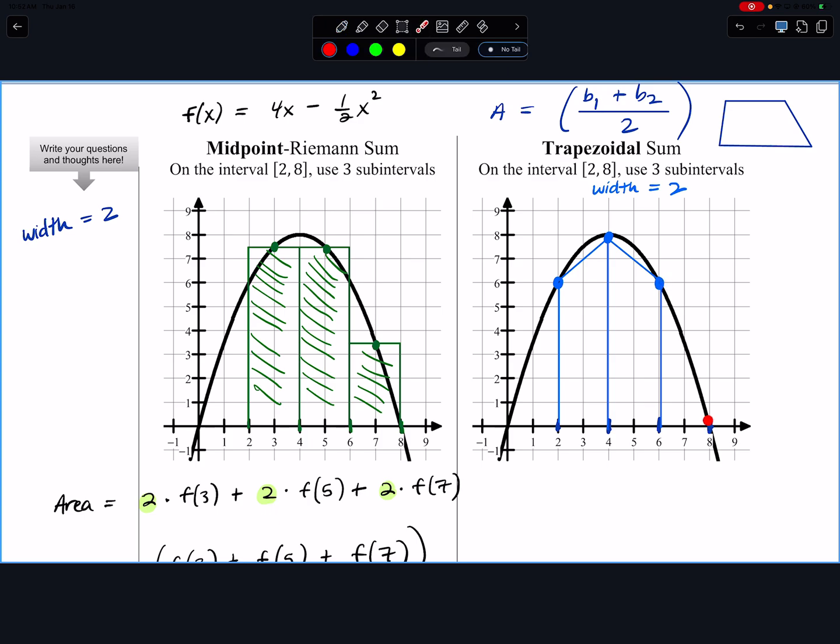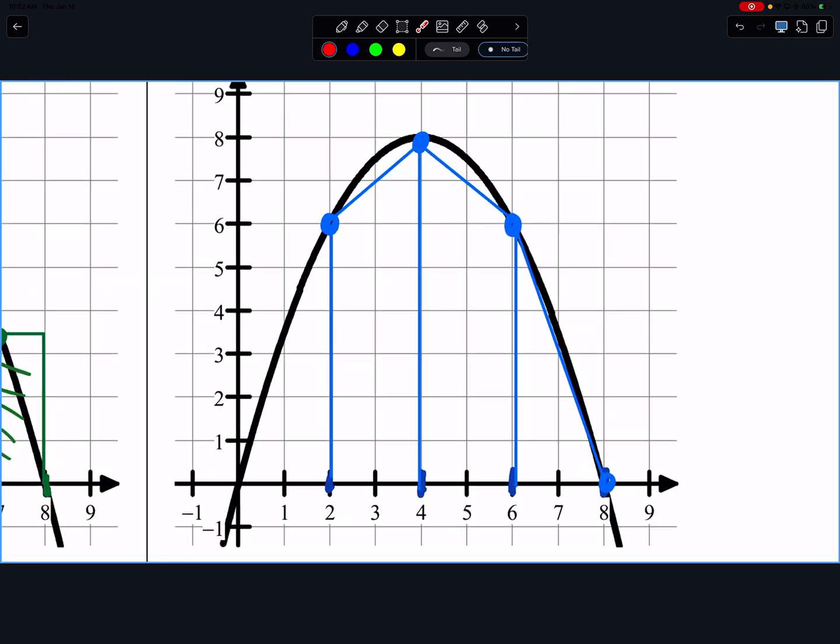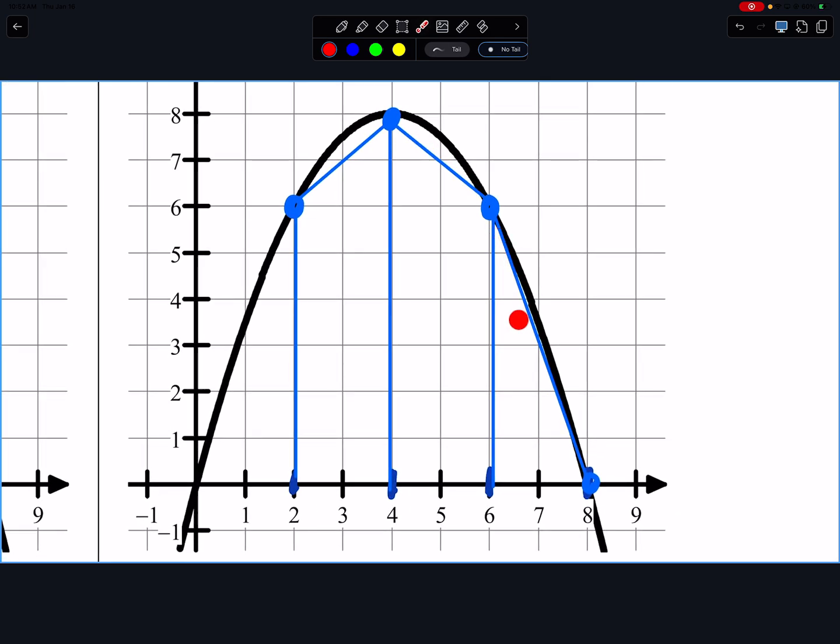Draw a point right here, and draw a line straight down. So, check it out, guys. That gives us a pretty good estimate of that part of the graph, right? Because there's barely anything there that's not going to get accounted for. So this is interesting because what shape is this? It's a triangle, okay?